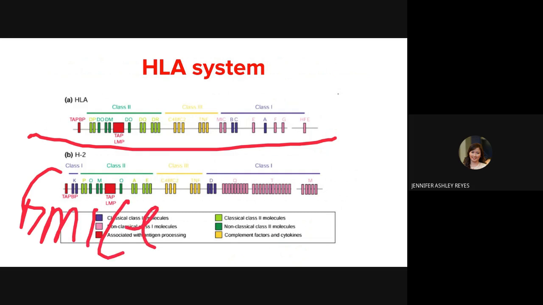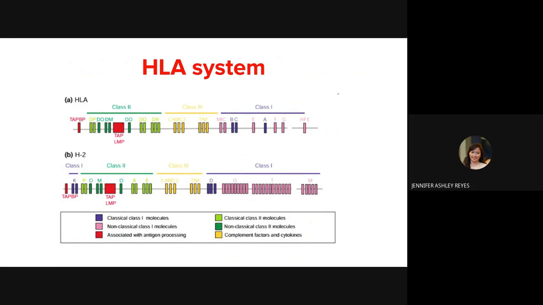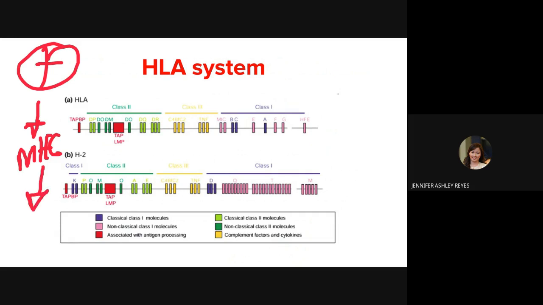So, because of positive selection in the thymus, mature T cells will have some affinity for self-MHC molecules to survive. And those that have high affinity for self-MHC displaying foreign peptides.